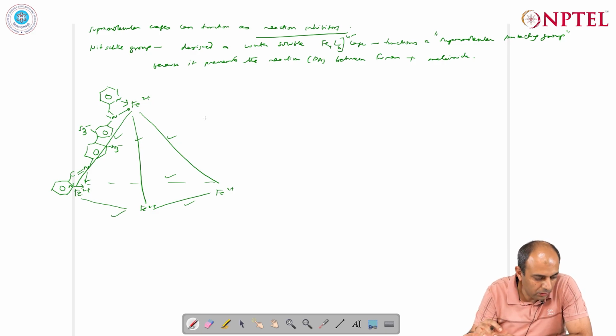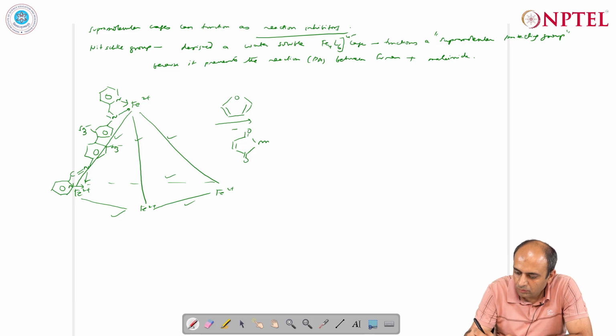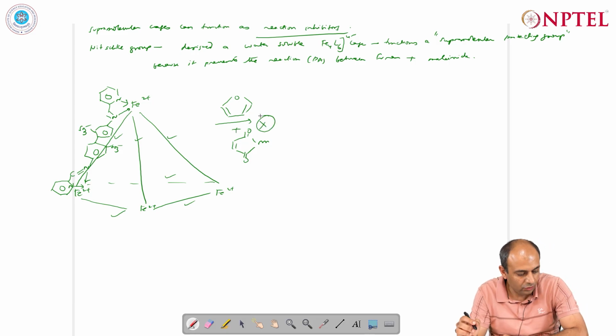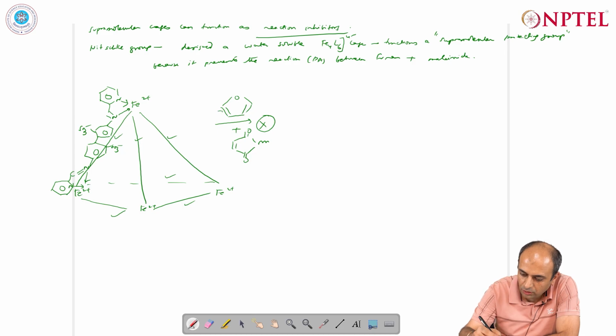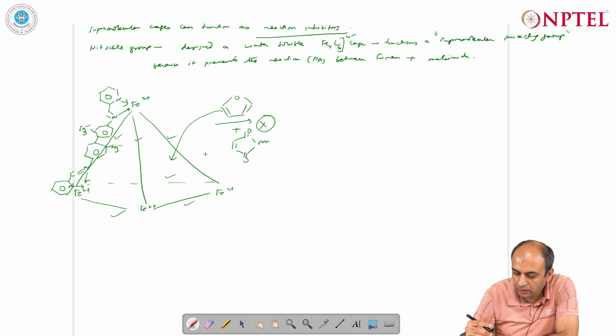So, this particular supramolecular cage functions as a supramolecular protecting group, because if you take furan and add maleimide, then no reaction actually takes place, because the furan is now present inside this particular cage. There is a strong association between this furan and this cage, and therefore maleimide is not able to perform the reaction with it.